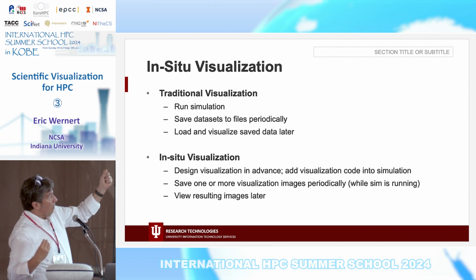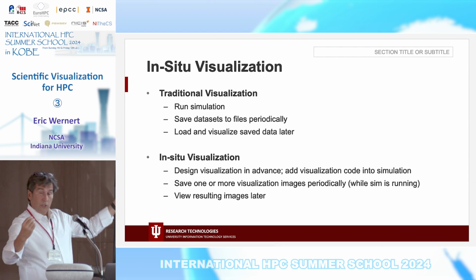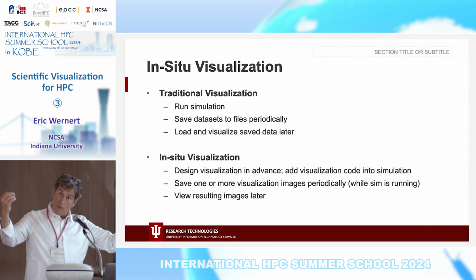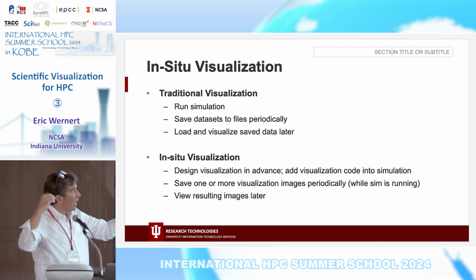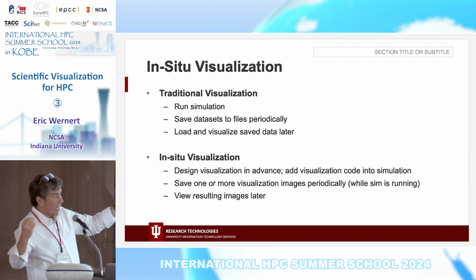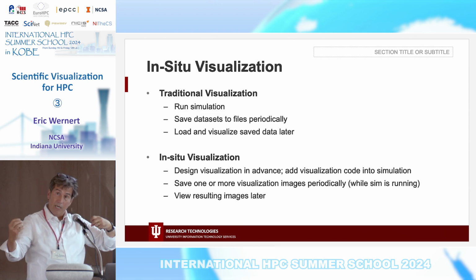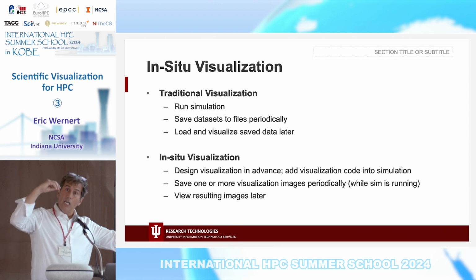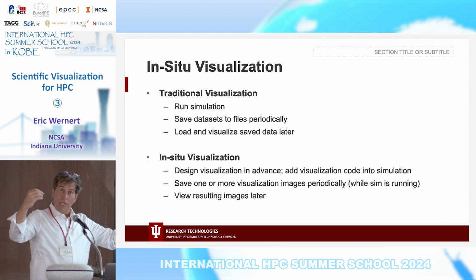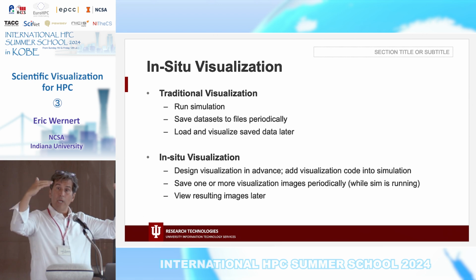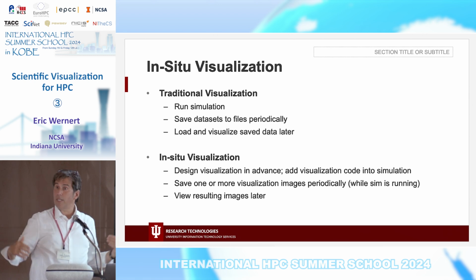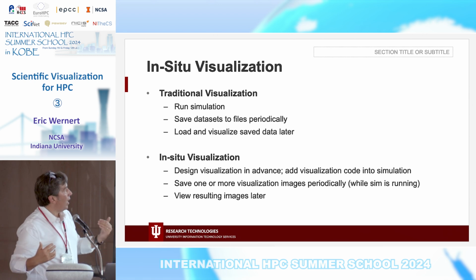So we can actually use ParaView to design what that looks like, and then Kitware makes a tool called Catalyst that lets us take that ParaView-like design, load it into our simulations, and so your simulation will run along, and at some point pause, and instead of writing out a data set, it writes out a series of images.